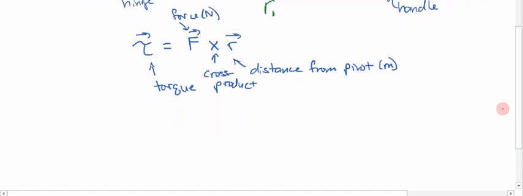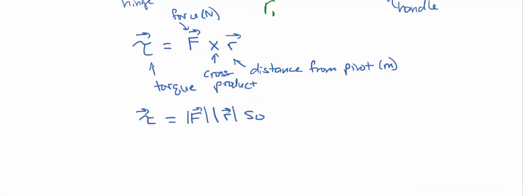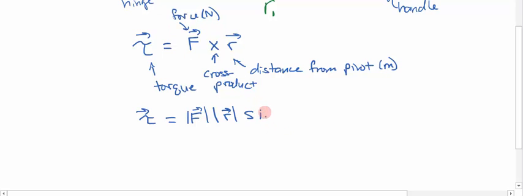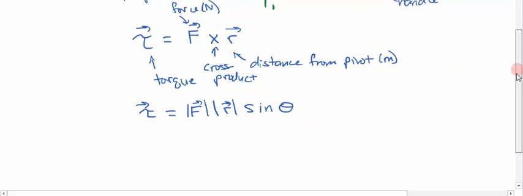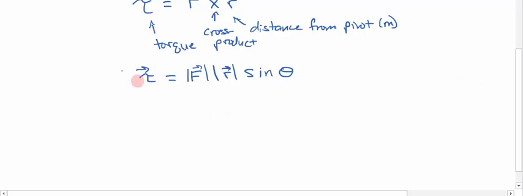So really the way we can write this is we can say that this torque is equal to the magnitude of the force times the magnitude of the distance from the pivot times the sine of theta. You can call it really whatever letter you want.